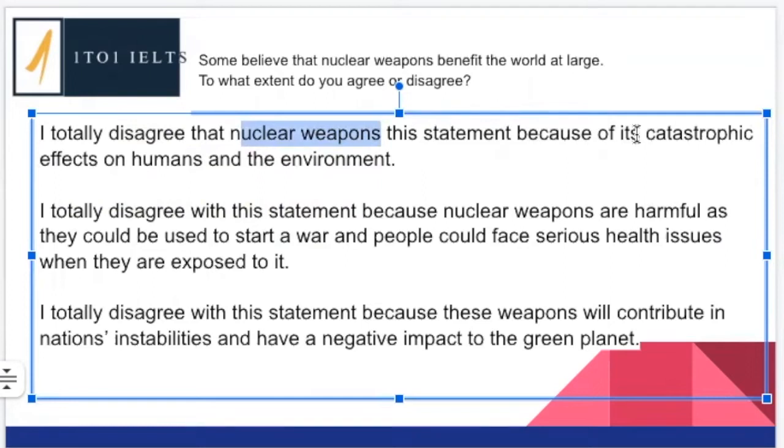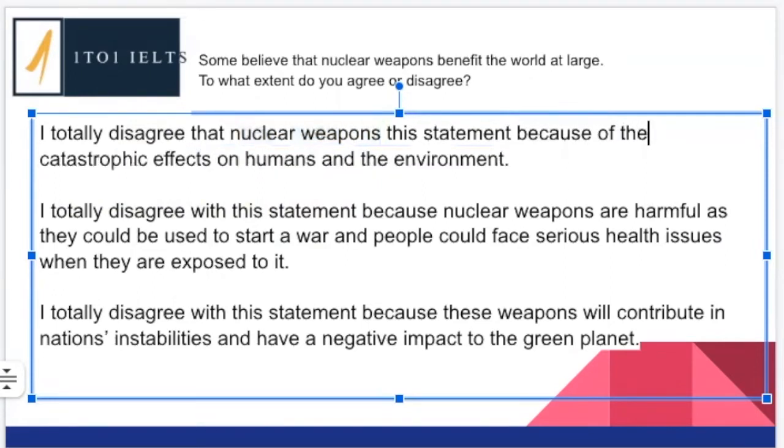So it is not plural, so we need "their catastrophic effects on humans and the environment". Again, two clear ideas. Just get in this habit of keeping it nice and simple: I agree or totally disagree, or totally agree with this statement or this view would be fine.